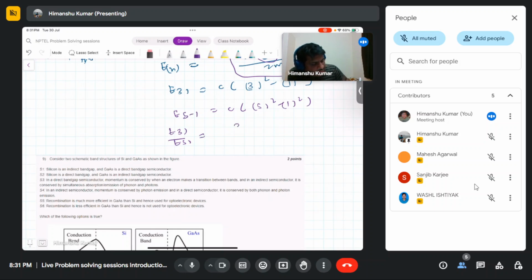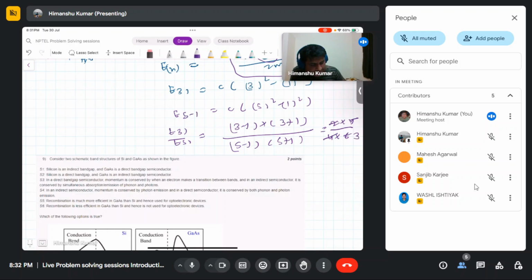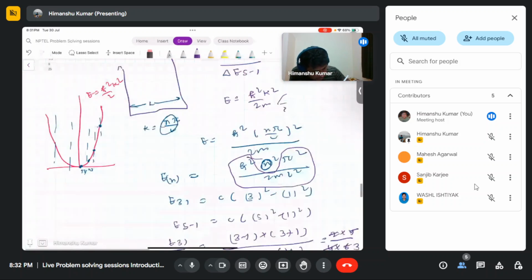So it will become 3 minus 1 times 3 plus 1, over 5 minus 1 times 5 plus 1, which is 2 multiplied by 4 divided by 4 multiplied by 6. The 4 will cancel, so it will become 1 by 3. So the correct answer will be 1 by 3.